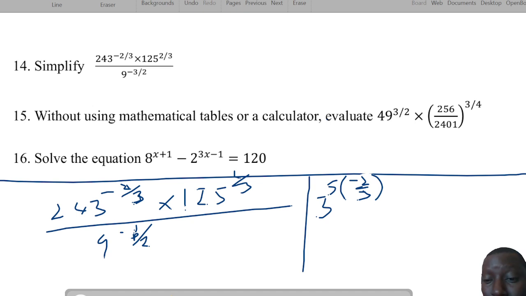Then this one, we multiply by 125. 125 is 5 power 3. So that should be 5 power 3 into 2 over 3.